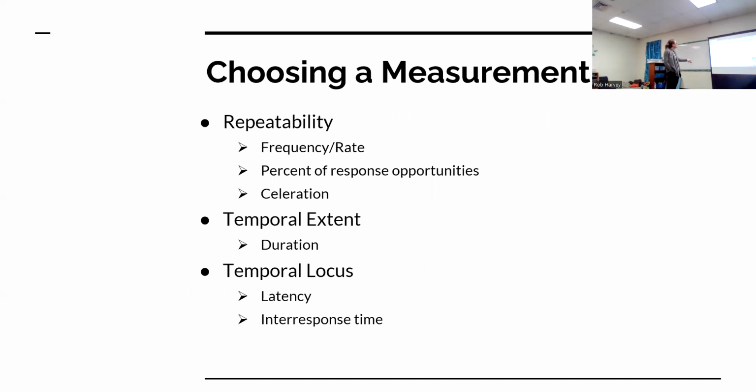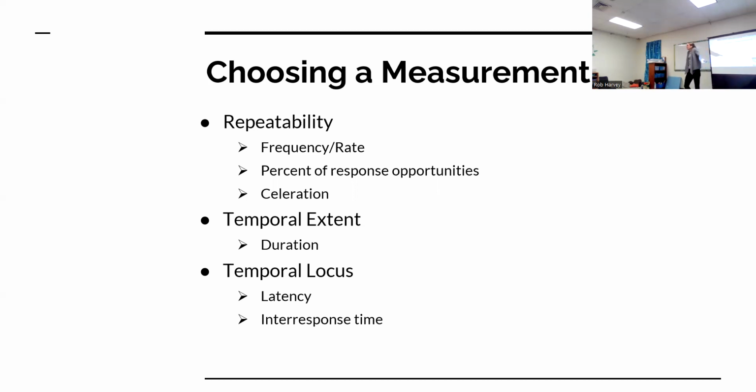Under those three categories are the corresponding ways to measure behavior. Under repeatability, we're talking about frequency or rate. When the beginning and end of the behavior are clear, we can just take a count of it, which we call frequency.